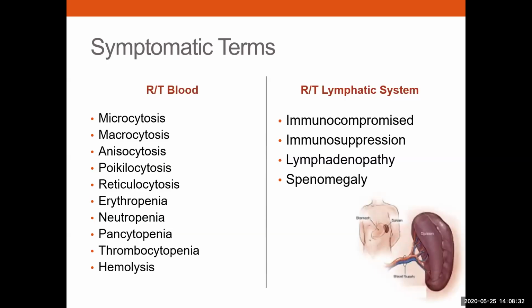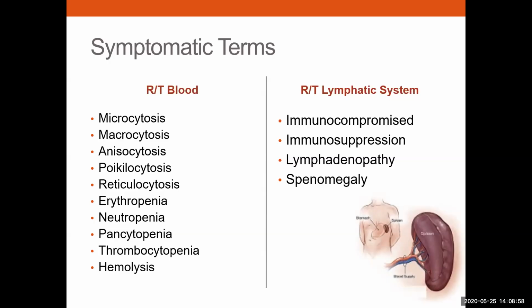Symptomatic terms that we might see would be microcytosis, micro meaning small. So when we look at the presence of small red blood cells, cytosis, versus macro, which would be the presence of large. And anisocytosis would be the presence of red blood cells of unequal size.